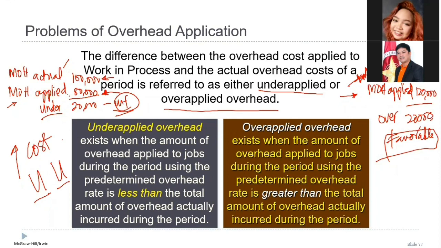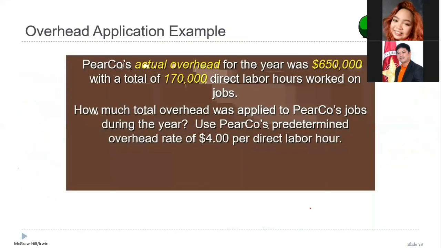Okay? So let's continue. So yung same data kanina. So PeerCo's actual overhead for the year was 650,000 with a total of 170,000 direct labor hours on the jobs. How much total overhead was applied to PeerCo jobs during the year?